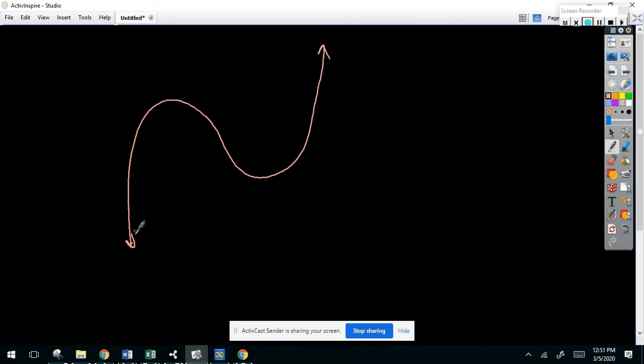What if I asked you if the inverse of this graph is a function? Why? You're exactly right. If I flip it, it's going to do something like this, which means it would fail the vertical line test. Can you think of a way to test it without flipping the graph?